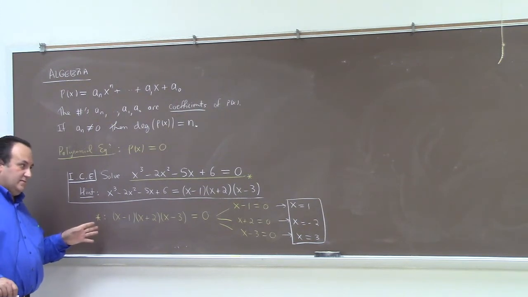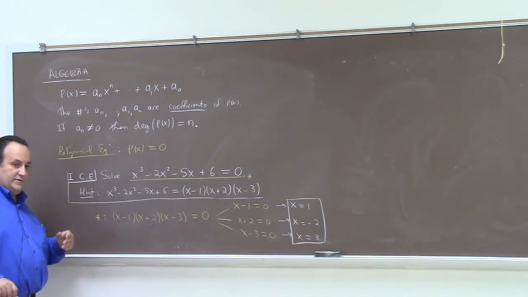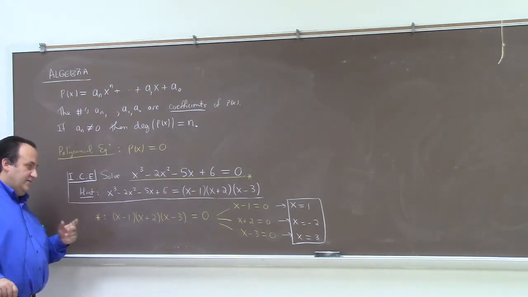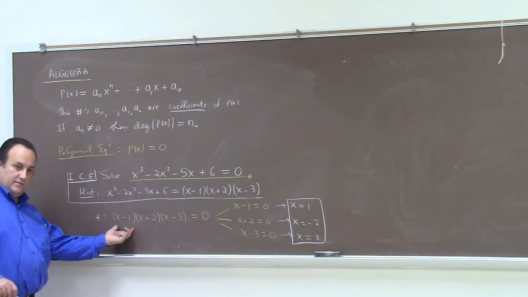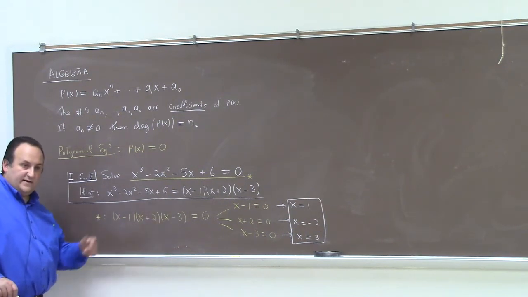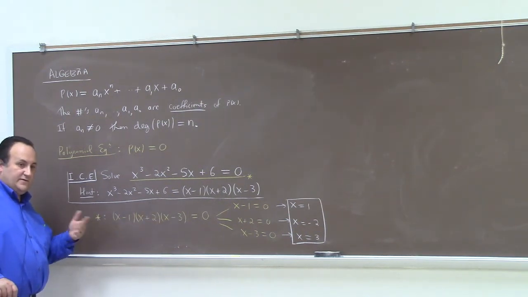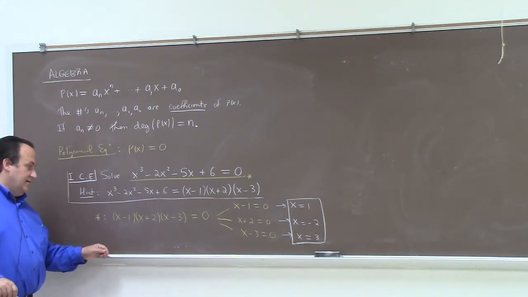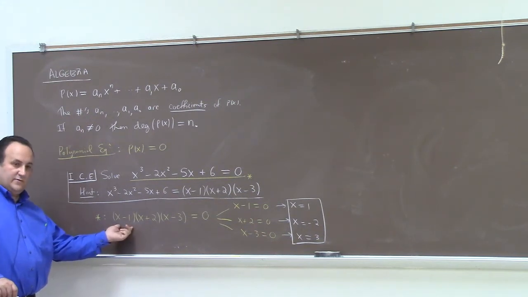Factoring a polynomial is something we do to a polynomial expression. Solving a polynomial equation is related but different. So the solutions here are 1, minus 2, and 3. But notice that the factors are x minus 1, x plus 2, and x minus 3. And you see why there's a difference of sign, right? Because in order to get x minus 1 equal to 0, we must put x equal to 1.